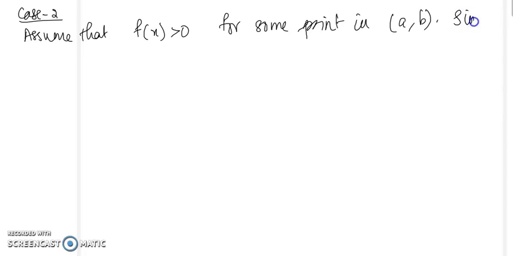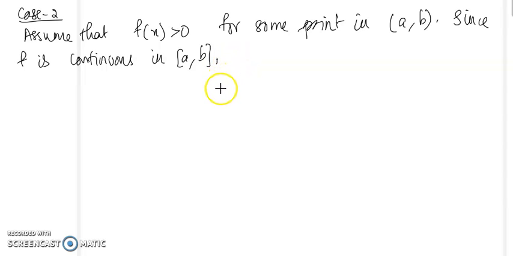And now, since f is continuous in closed interval AB, so the given function is continuous in a finite closed interval AB. So, therefore, by extreme value theorem, the function will attain an absolute maximum and absolute minimum in the closed interval AB. We have seen this in the previous module.